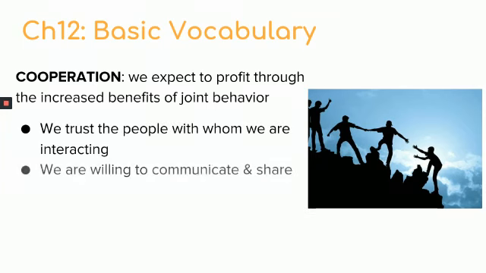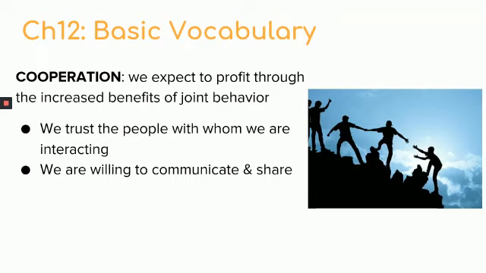So cooperation, you probably already know what this is. Basically, cooperation is people working together, and typically when we talk about cooperation, it's to work together to meet some sort of goal, and the individuals are seen as profiting or benefiting from that cooperative behavior.